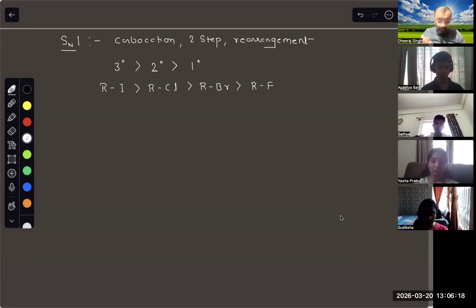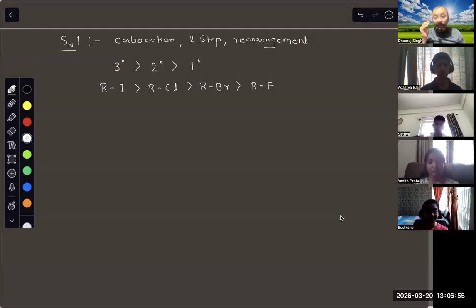Now, how does the carbocation get created? Does the nucleophile create the carbocation, or does it get created by itself? By itself. Just like when you dissolve NaCl in water, Na plus and Cl minus get created by themselves. In the same way, due to polarity of the bonds, when you dissolve this in a polar solvent, then in SN1 the carbocation gets created on its own.